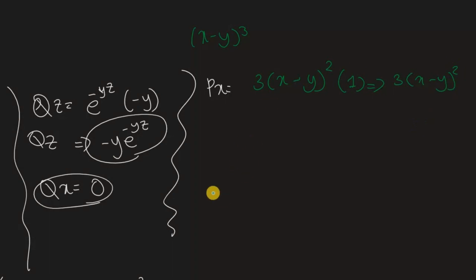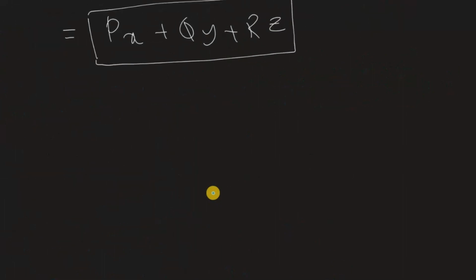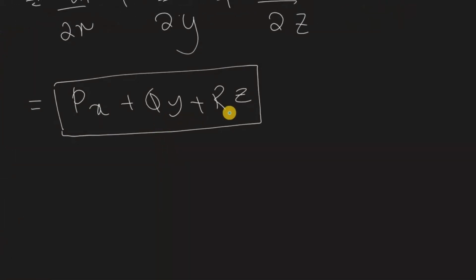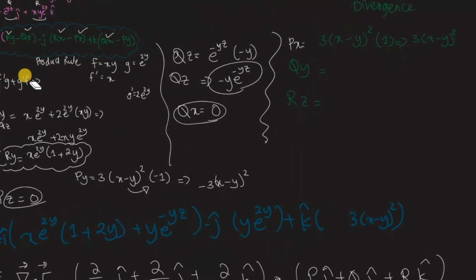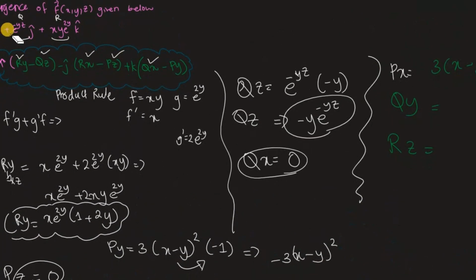Next, the formula says we need to find Q of y and R of z. Q of y is right over here, that I'm calculating for divergence. So removing this, we have Q of y. Q is e to the power of negative yz.